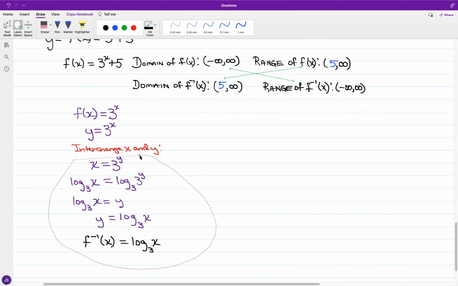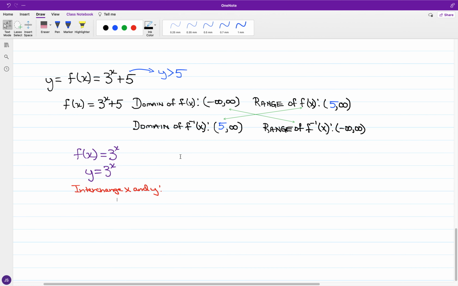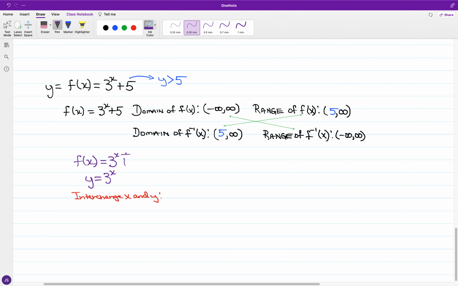And as for the case of the inverse, we have f of x is equal to 3 to the x plus 5. So y is equal to 3 to the x plus 5. And if we look at interchanging x and y, I get x is equal to 3 to the y plus 5.